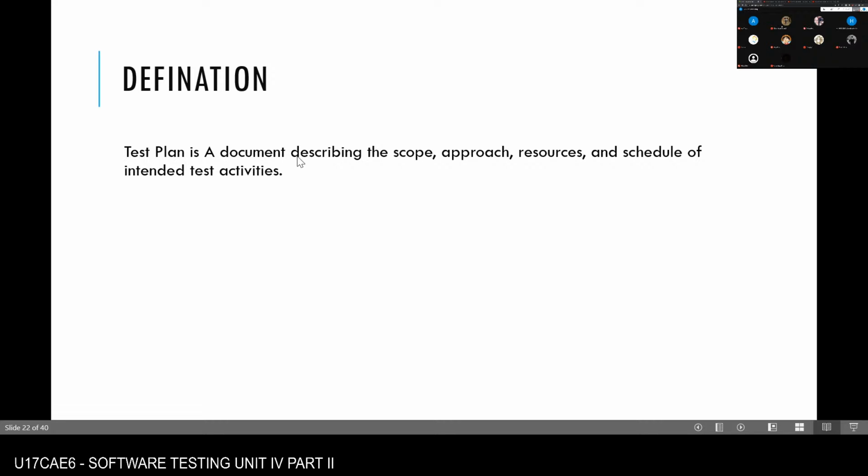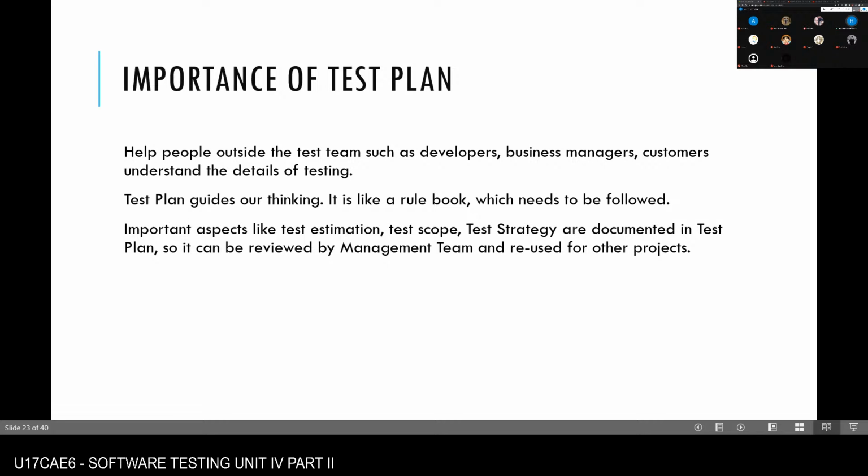Like for example, if you are landing a flight or plane, they have something called a checklist of what they have to do. Okay, so this is just like a rule book and allows you to follow certain things of what and how you have to do. Then important aspects like test estimation, scope, strategy, these are all documented in the test plan so that it can be reviewed by the management team and reused for other projects.